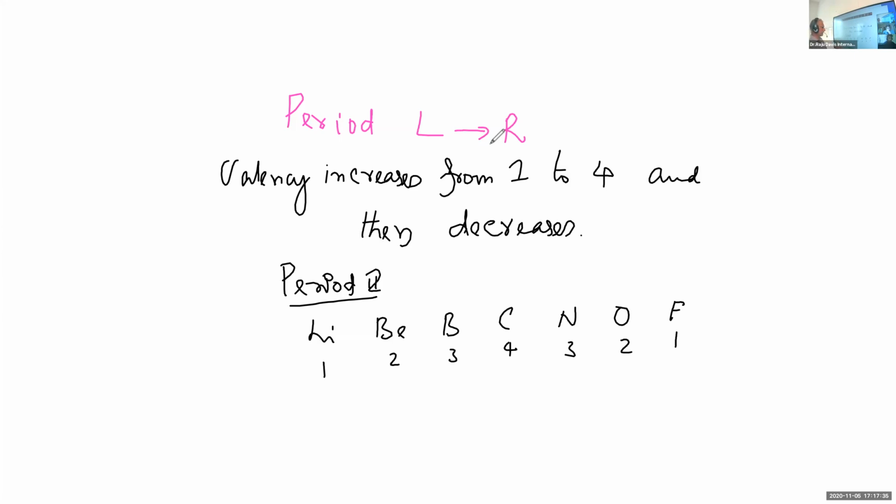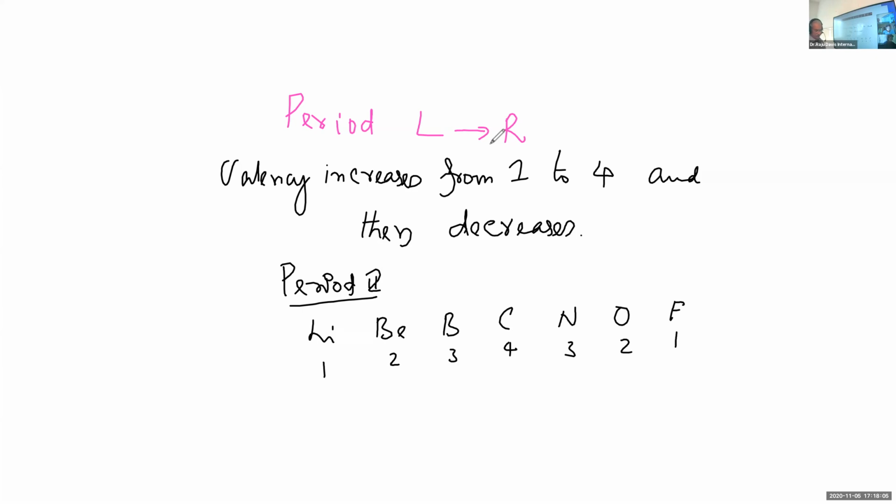Valency increases from left to right, from 1 to 4, reaches a maximum at 4, towards the middle of the period, and then it decreases. The question is, how does valency vary in a period? So in a period from left to right, valency increases, reaches a maximum 4, and then it decreases.